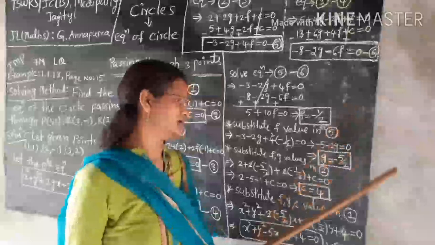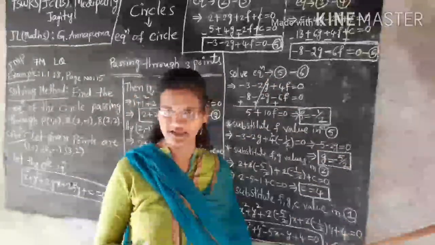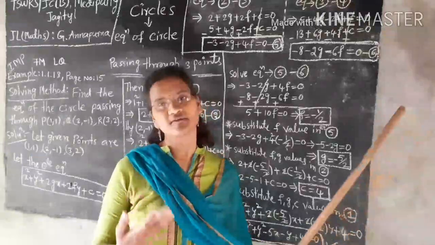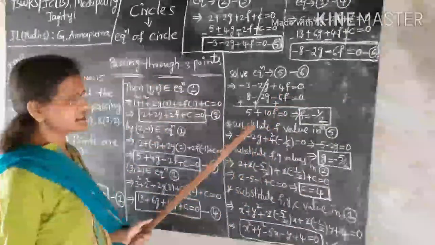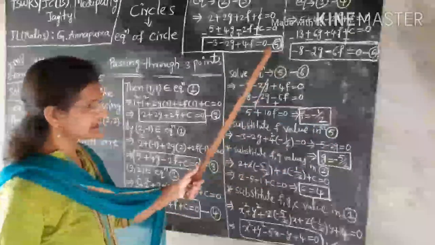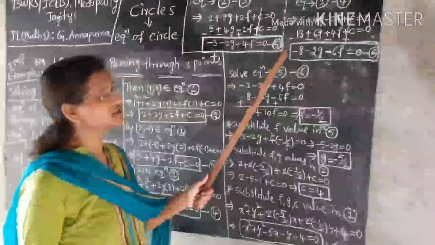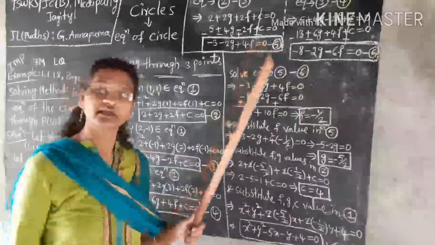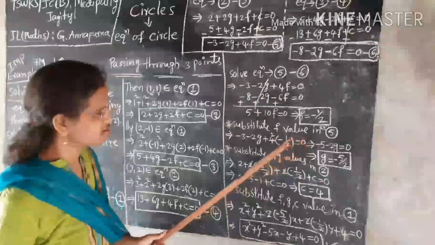Now we have to find the g value and the c value. Then only we get the equation of the circle. See, substitute the f value in equation 5. This is equation 5. There is no c, that's why if you substitute the f value, then you get g.